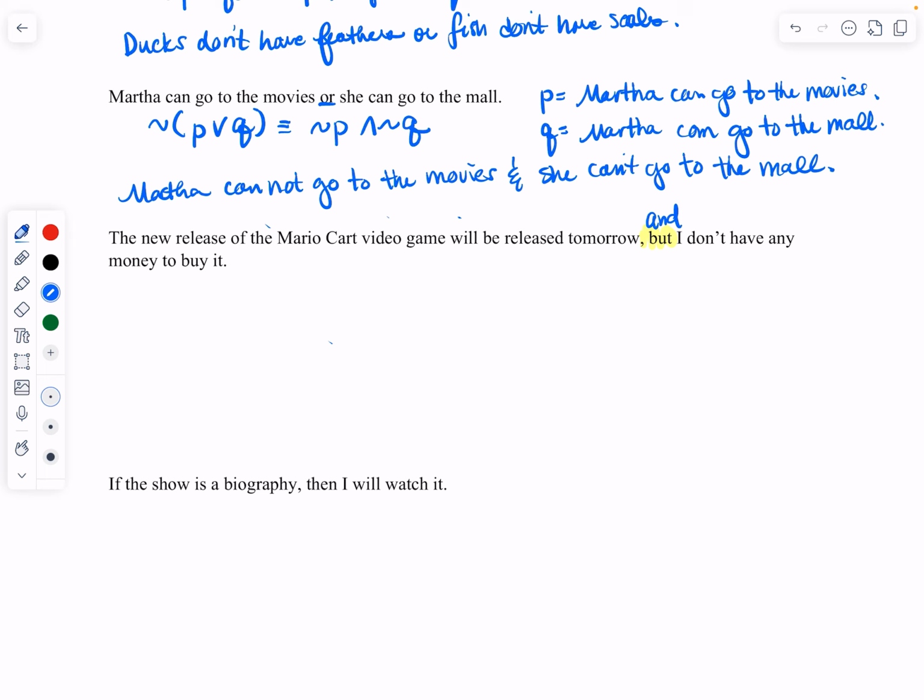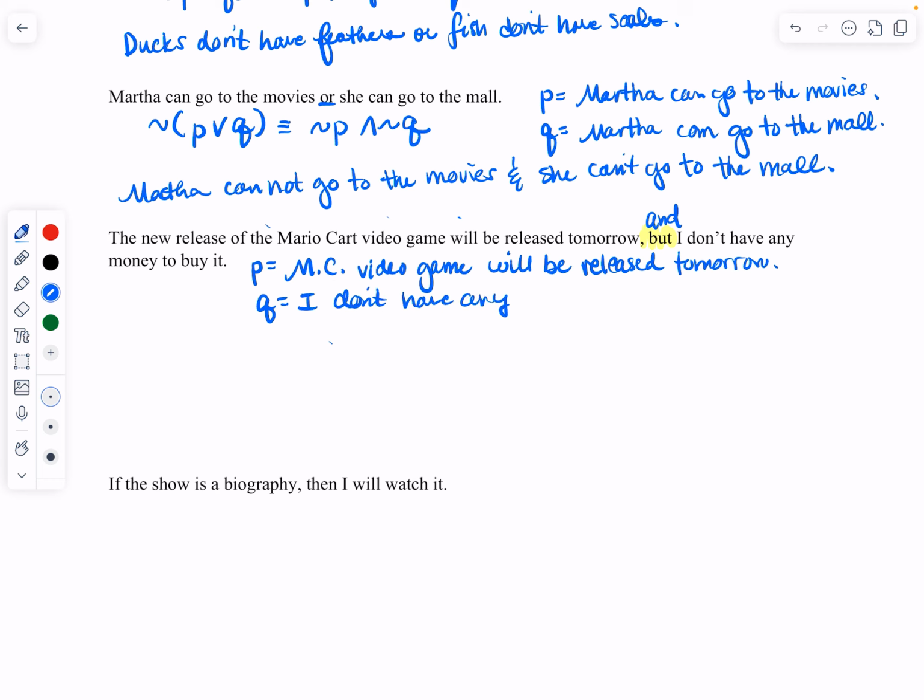We have to determine what's P and what's Q. P is the Mario Kart video game will be released tomorrow, and let Q equal I don't have any money to buy it.